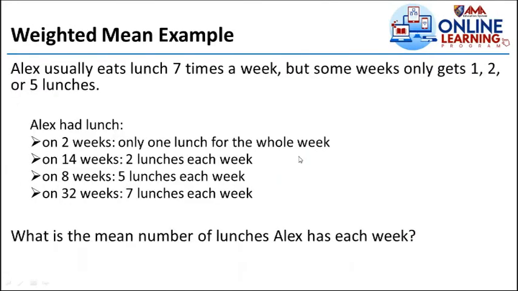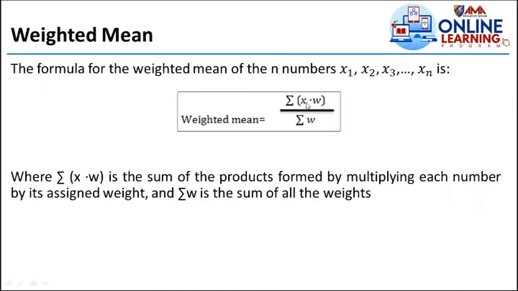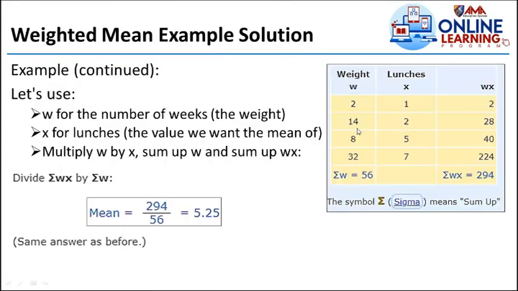So by using the formula, X times W or W multiplied by X, so we have now 2 times 1, 2, 14 by 2, 28, 8 by 5, 40, 32 by 7, we have 224. Then after that, we are going to sum up this one. The total is 294. And also this one, summation of W is equal to 56. So if we're going to solve for the arithmetic mean, 294 divided by 56, the answer is the same as 5.25. So, pareho lang po yung sagot po niya.